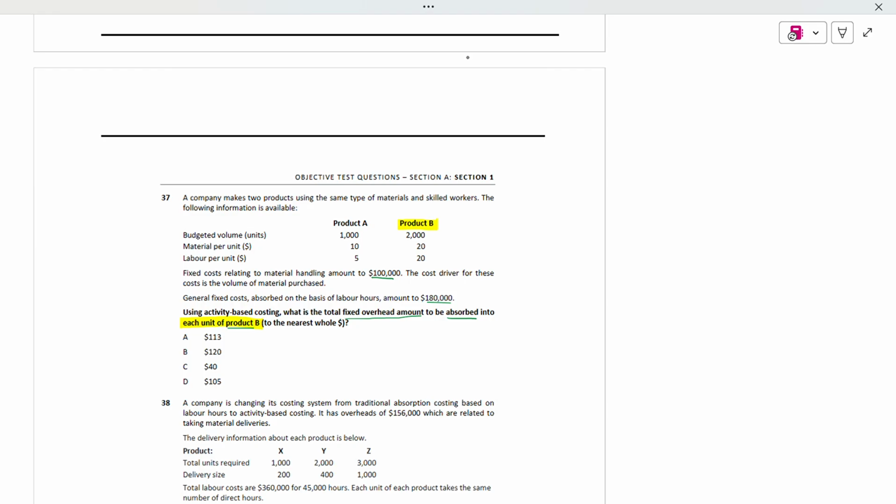Okay, okay. Fixed cost is how much? One second. Now I'm closer to it. Yeah, that's one.